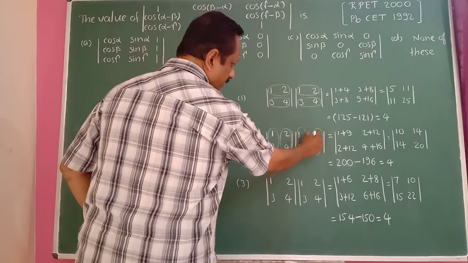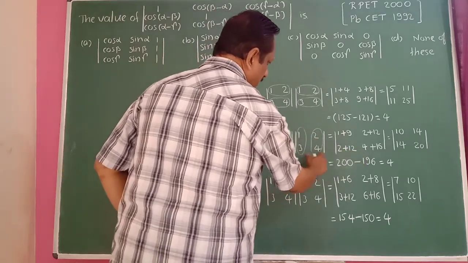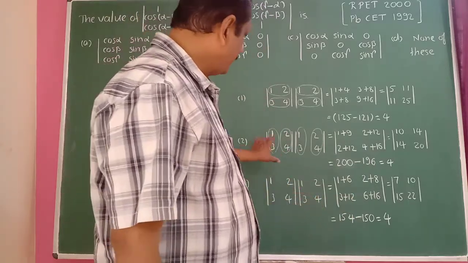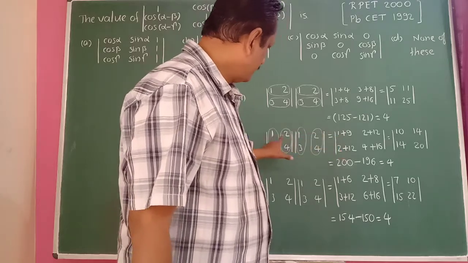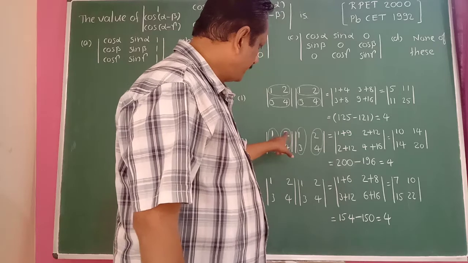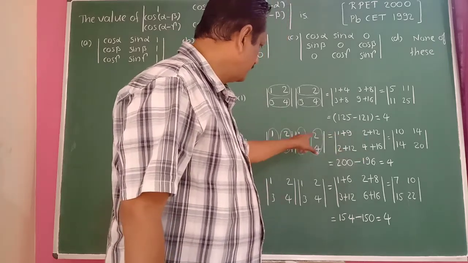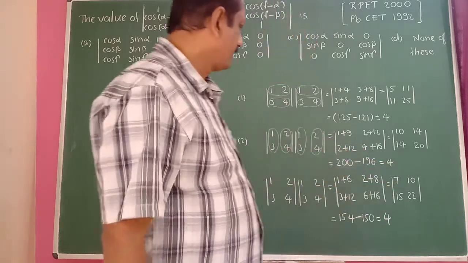Multiply second with second column: 2 2s are 4 and 4 4s are 16. I am repeating once again: multiply this column with this column, we get this one; this column with this one, we get this result; and so on. Then simplify, you will get the answer 4 here.